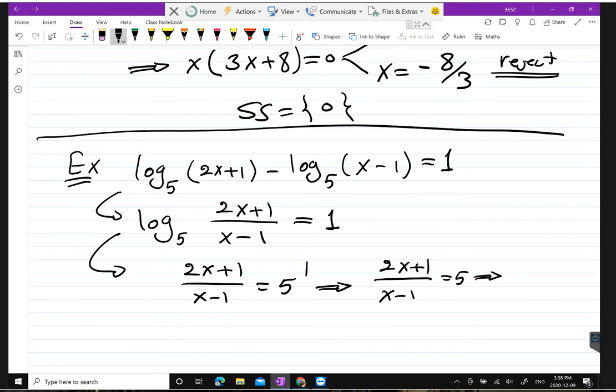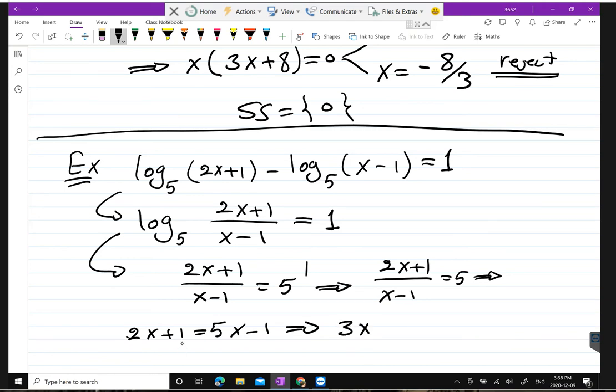And then cross multiply, you will have a very simple linear equation. 5x minus 1. And then bring everything to one side. 5x minus 2x, it's going to be 3x.